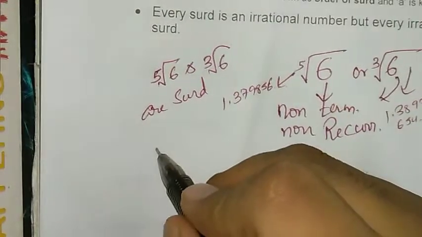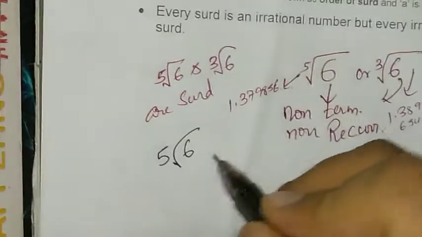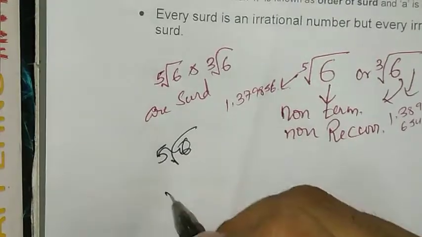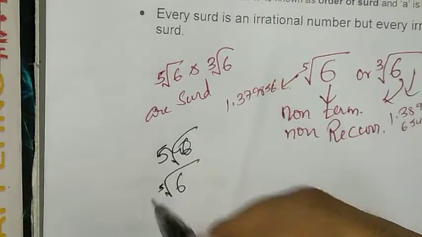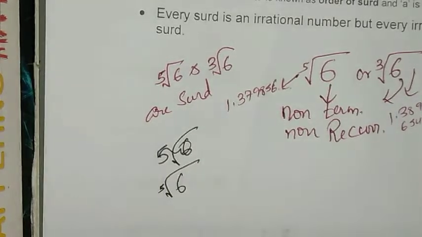As we discussed, suppose this fifth root of 6. I need to write it like this; earlier I wrote it as 5 root 6, which is not correct.